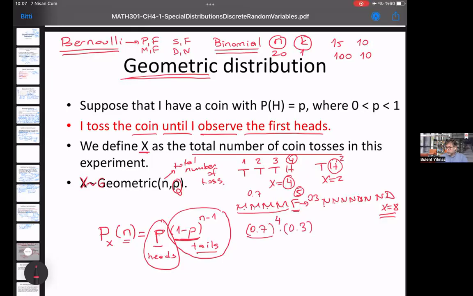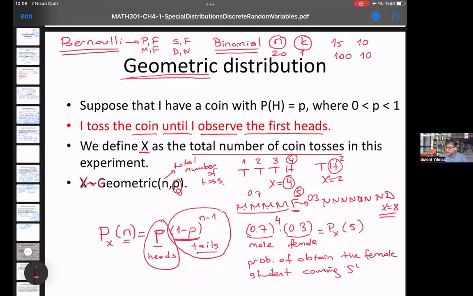So this is like non-female, let's say male students, and this is going to be the female student. What's the probability here? Obtaining the female student as the 5th student, okay? P of X equals 5, the probability of obtaining the female student coming 5th, exactly 5th to the class.